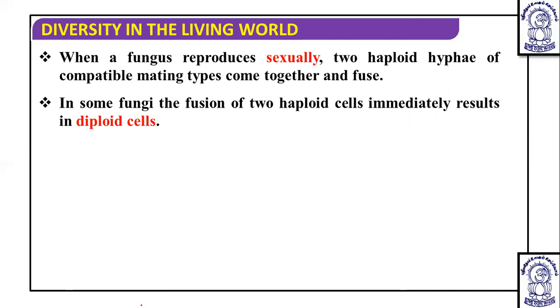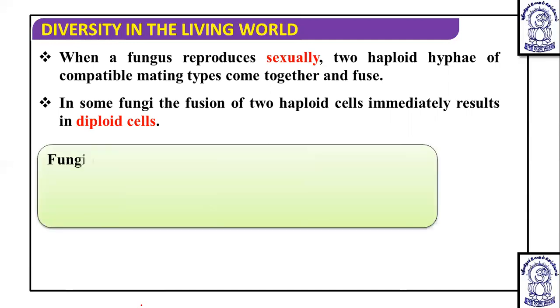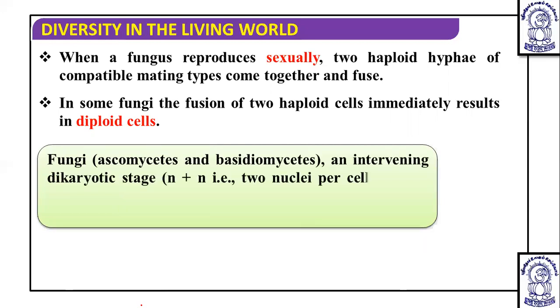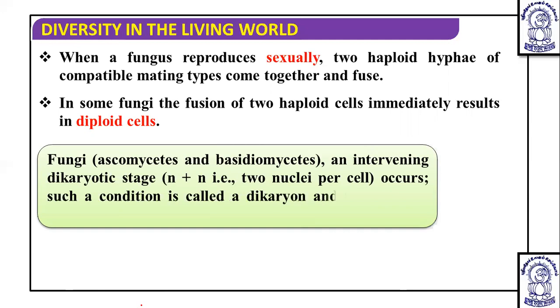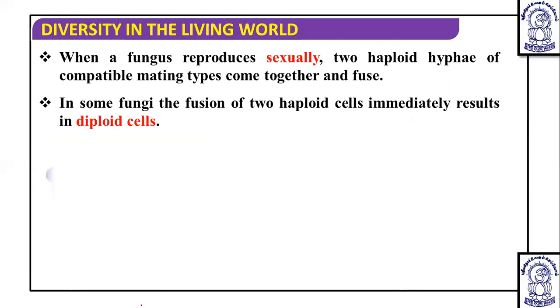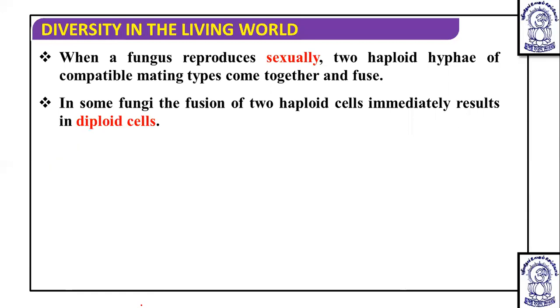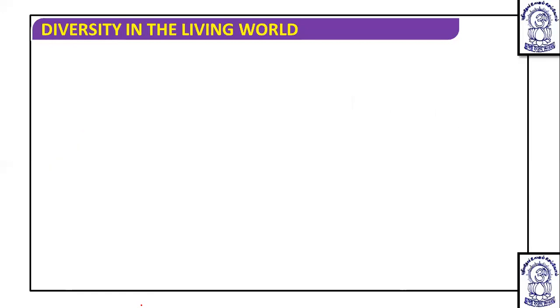If the two haploid cells fuse immediately, dikaryophase will not be found. In Ascomycetes and Basidiomycetes, an intervening dikaryophase is found, that is, two nuclei per cell occur. Such a condition is called a dikaryon, and the phase is known as dikaryophase, as we have studied. Later the parental nuclei fuse and the cell becomes diploid, that is, the zygote.